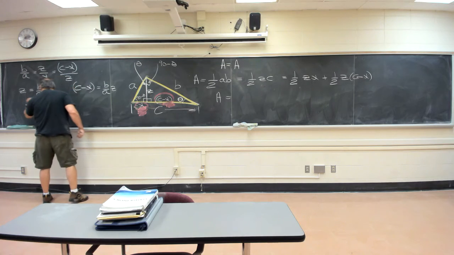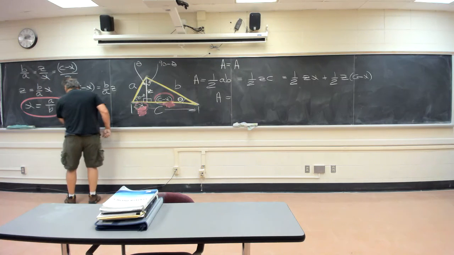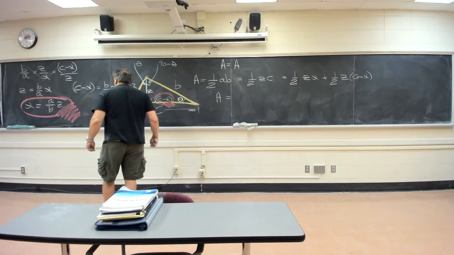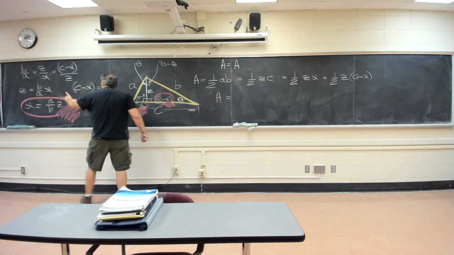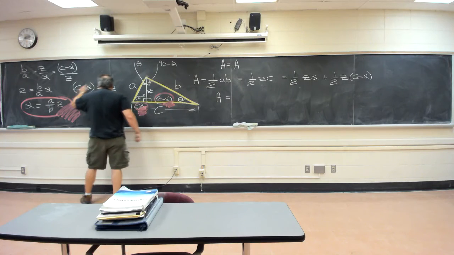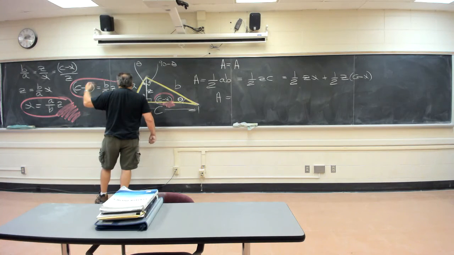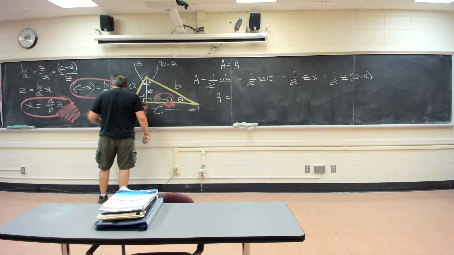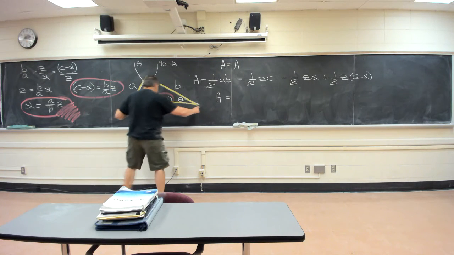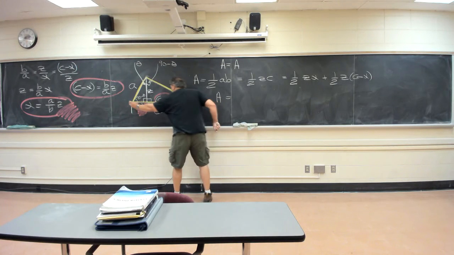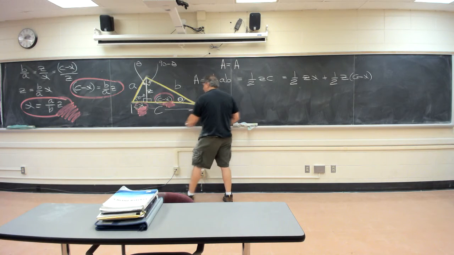Well, that's X. That's X in terms of Z. And that's the other part of the long hypotenuse. The whole thing is C long. This whole thing is C long, guys, where I am right now. Here to here is C long.